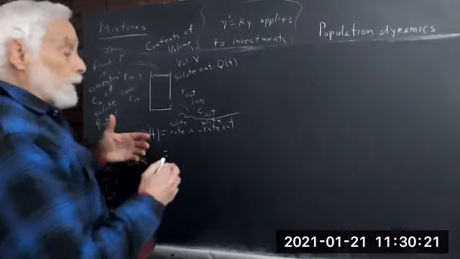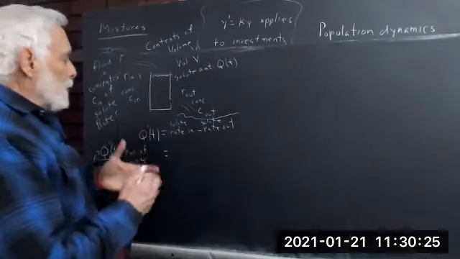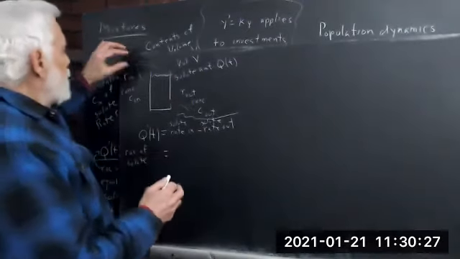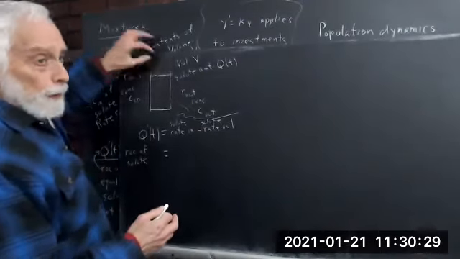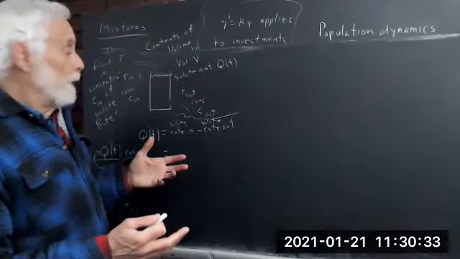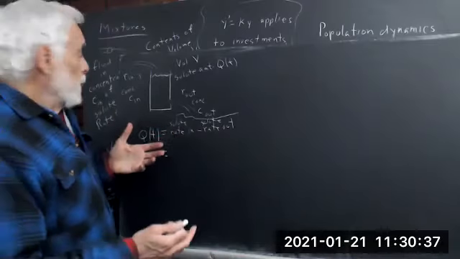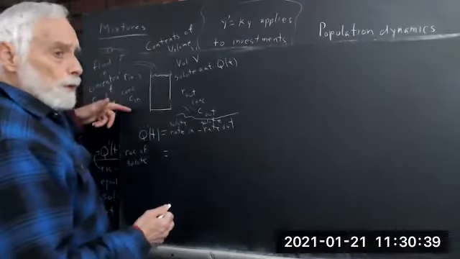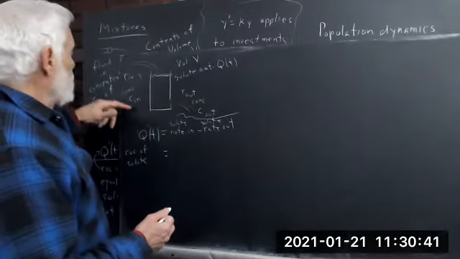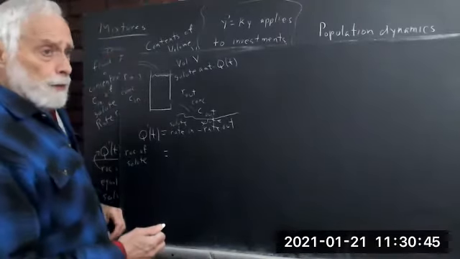Well, the amount of solute in a gallon of fluid that goes in is 3% of a gallon. So if C in is 3%, you multiply 3% by the rate in, and that tells you the rate at which solute is coming in.